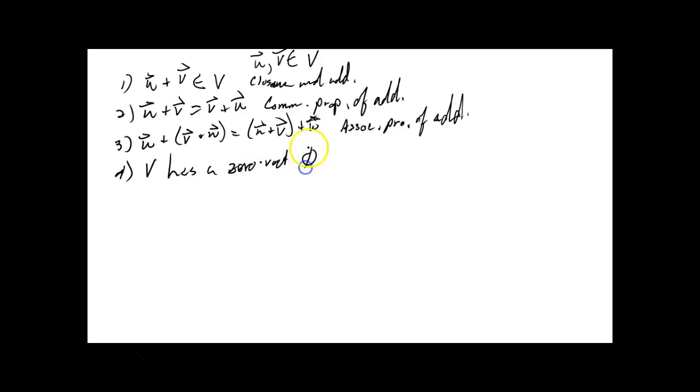And we call that zero, they do it bold, I do it with a vector symbol over it, such that for each u in the vector space V, u plus that zero vector has to equal u. If it equals anything else, then that's not a zero vector.